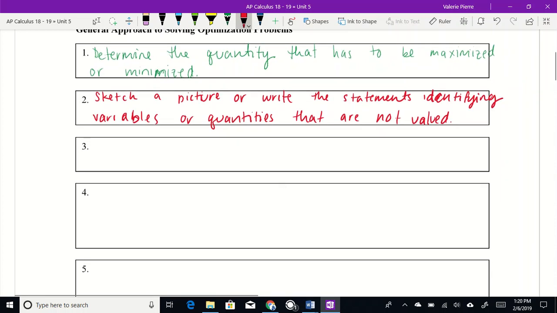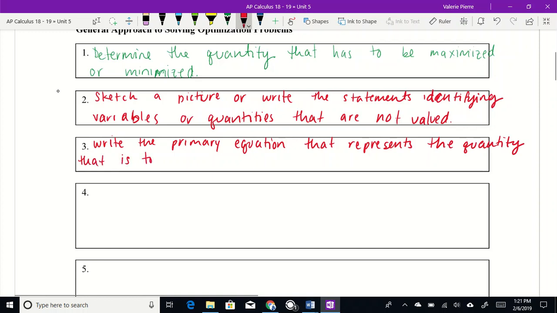So steps 3 and 4 are kind of the biggest of the 5 steps, right? So step 3, we want to write the primary equation that represents the quantity that is to be optimized.